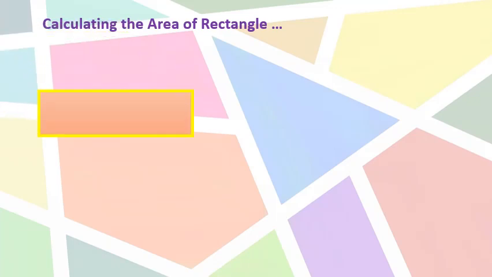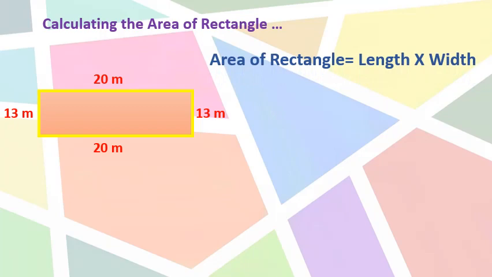And another example in calculating the area of a rectangle. This is a rectangle. Again, to find the area of it, we are finding the measure of this orange part. All of this orange part is the area of the rectangle. So this rectangle has 20 meters in length and 13 meters in width. Again, we're starting with the formula. Area of rectangle is length times width.